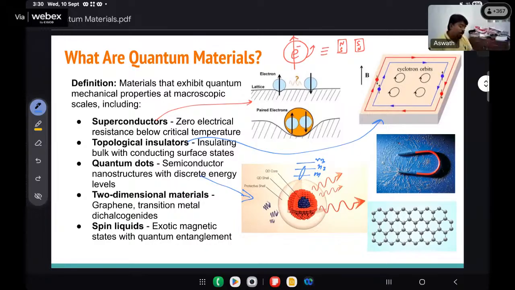And there is one more thing: two-dimensional materials, graphene, transition metal chalcogenides. Take graphene, which is carbon arranged in a very packed manner. It has beautiful properties.